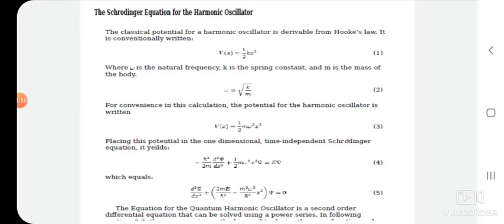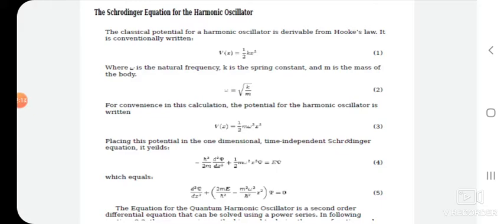Where omega is the natural frequency, k is the spring constant and m is the mass of the body. Therefore, its natural frequency omega is equal to square root of k by m. This is the relation between the natural frequency, spring constant and the mass of that body.